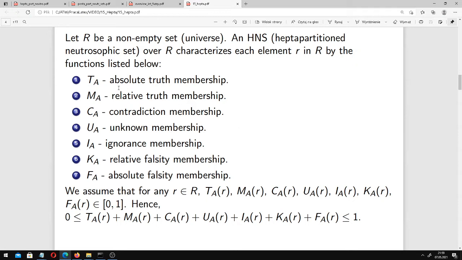We have absolute truth membership, relative truth membership, contradiction, unknown, ignorance membership, relative falsity membership, and absolute falsity membership, T, M, C, U, I, K, F. And of course, we assume that each of these functions has values between 0 and 1, including maybe 0 and 1, and so their values sum up to a number not bigger than 1 and not smaller than 0.